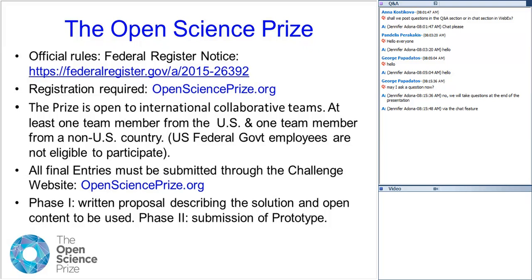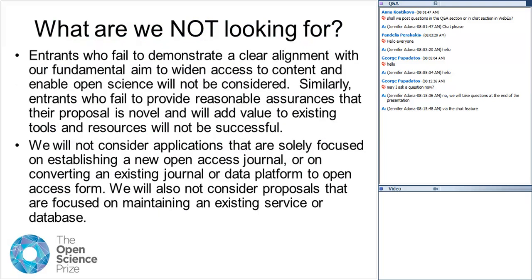Next slide, please. So here's what we're not looking for. We're not looking for solutions that really don't address open science whatsoever, that don't address widening access to content. Similarly, we are looking for solutions that are novel.